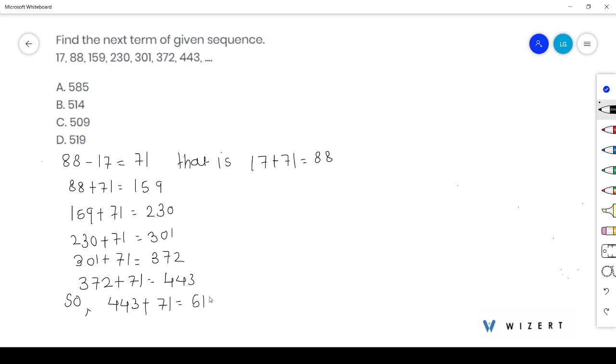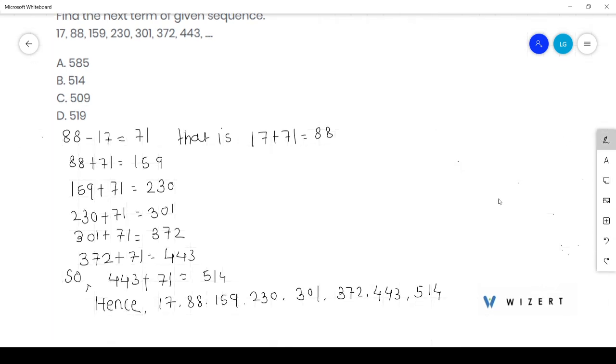So it is 514. Hence, the sequence will be like 17, 88, 159, 230, 301, 372, 443, and the next term will be 514.